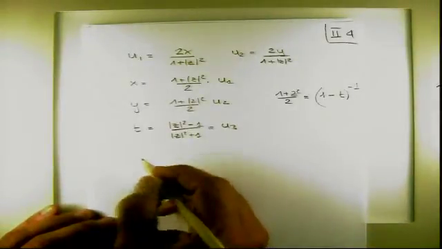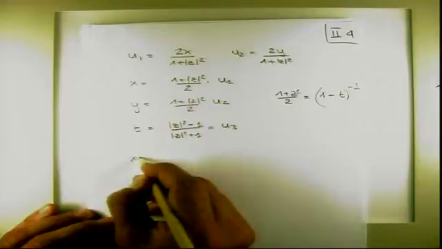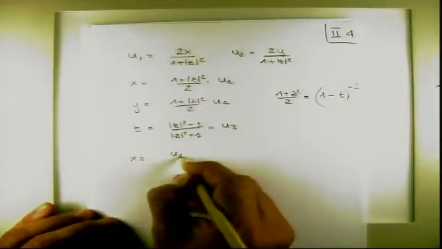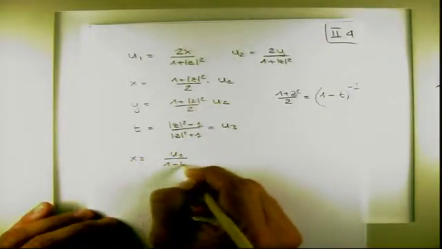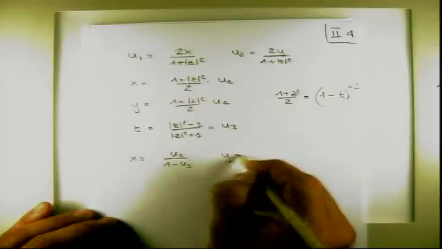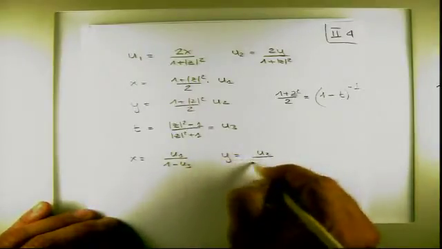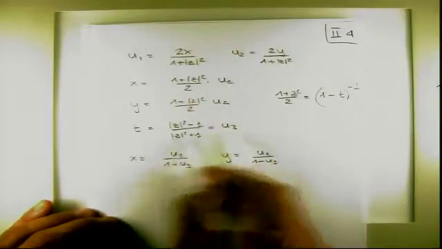And then I have that x is u1 over 1 minus u3, and y is u2 over 1 minus u3, since u3 is t.